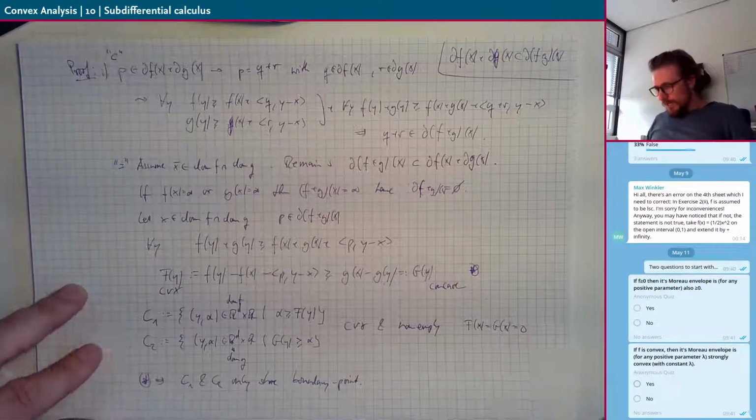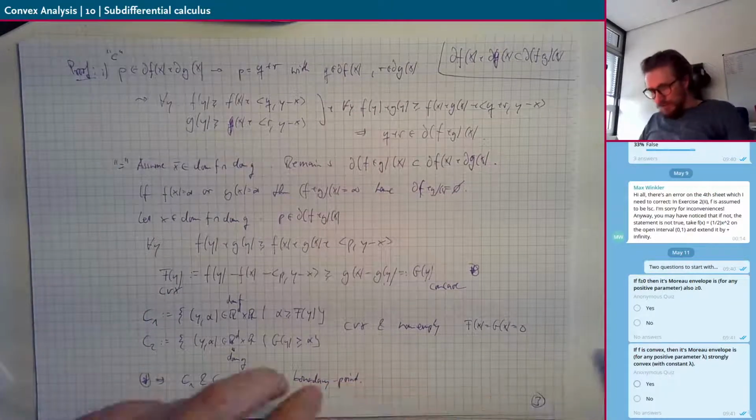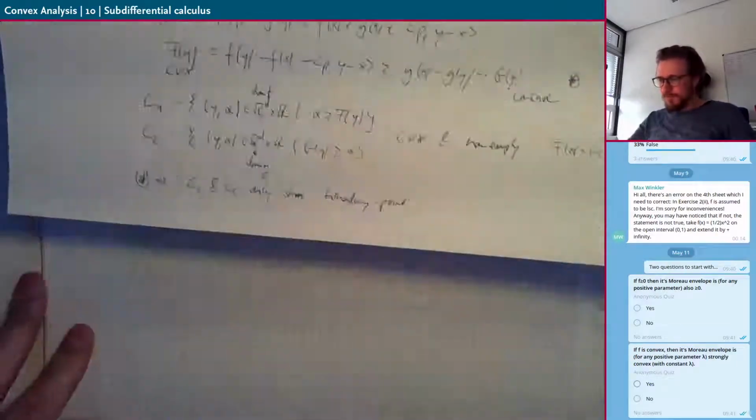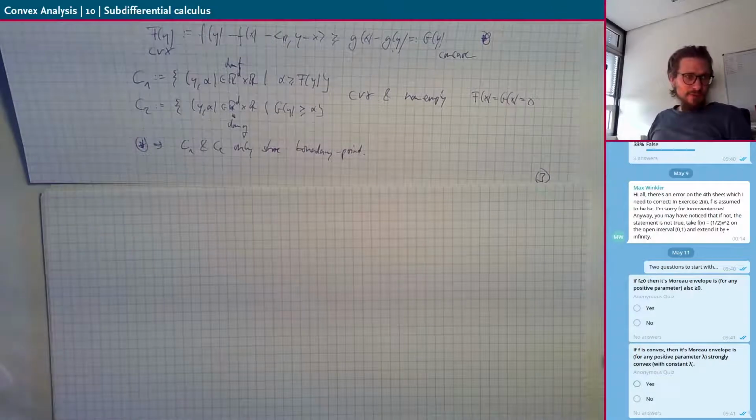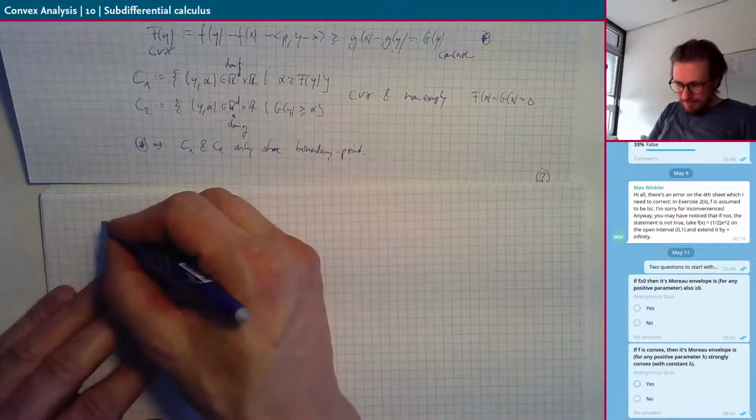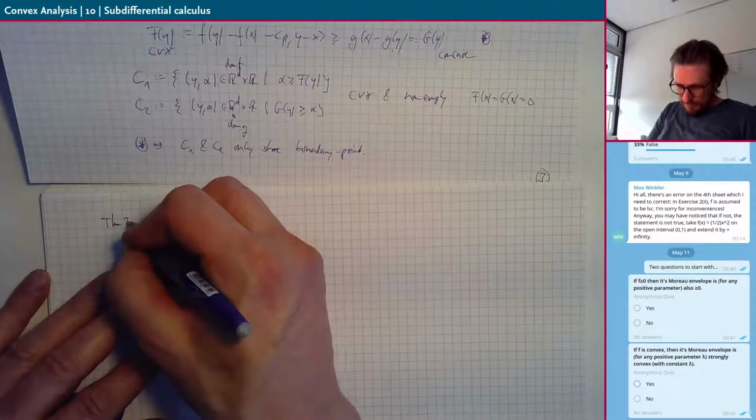Now comes the big tool we're going to use. We can separate two sets which only share boundary points by hyperplanes. That is the proper separation theorem, Theorem 3.9.